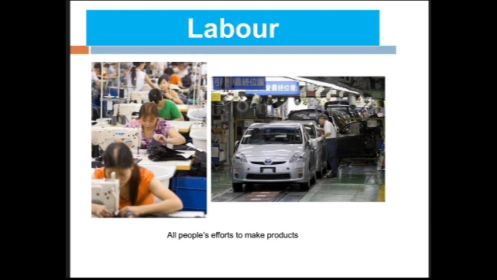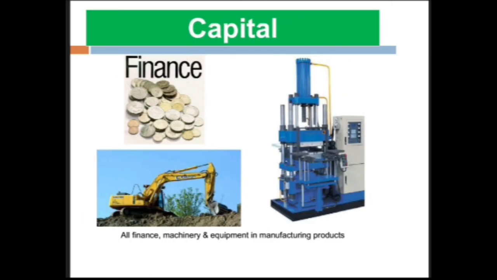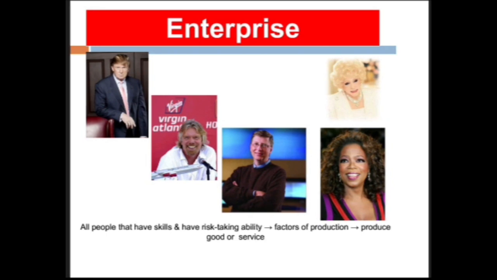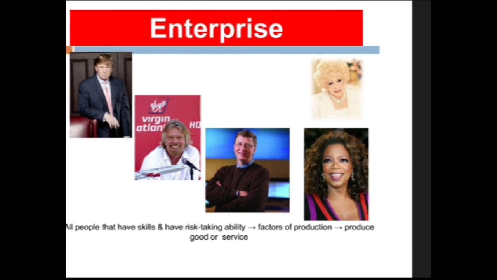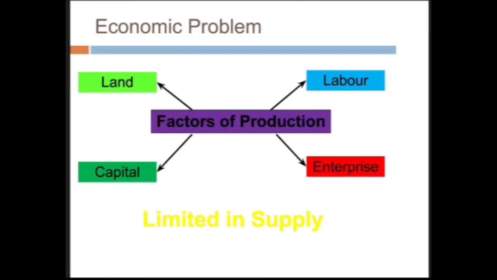Capital is financing, the machinery and tools that are necessary in factor production. Now enterprise: these are the entrepreneurs, like Bill Gates, necessary for enterprise. The economic problem: land, labor, capital, enterprise.